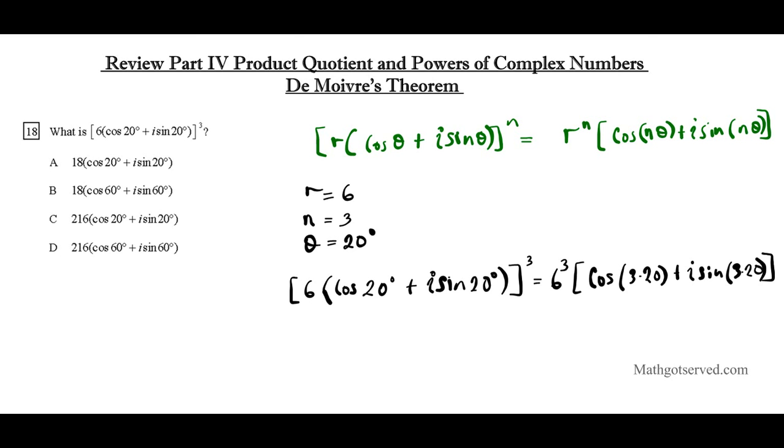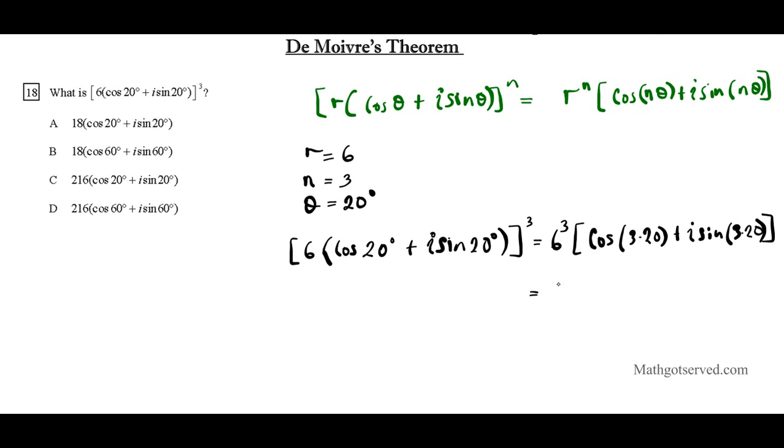So 6 to the third is 36 times 6, which is 216, times cosine 60 degrees plus i sine 60 degrees. So that's the answer. Our answer for question number 18 is D. All right, let's move on to the next question.